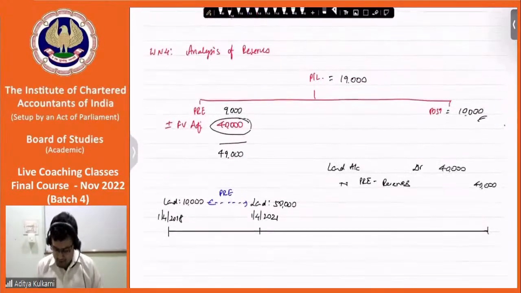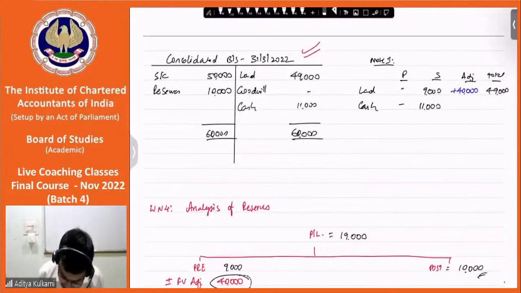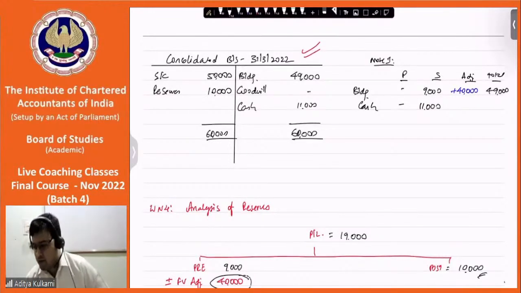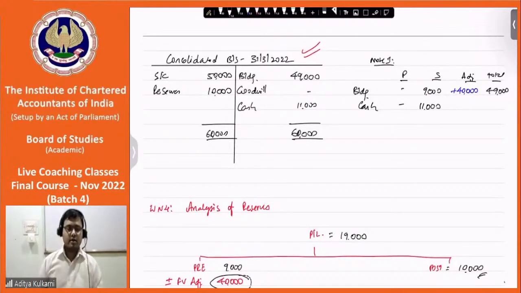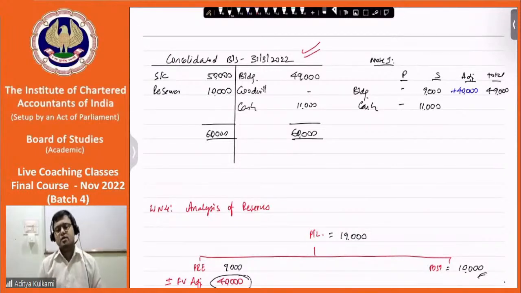Now you tell me what is wrong in this. It's not land. In this case, it is building. Now you tell me what is wrong in this balance sheet. Just think a little bit and answer.